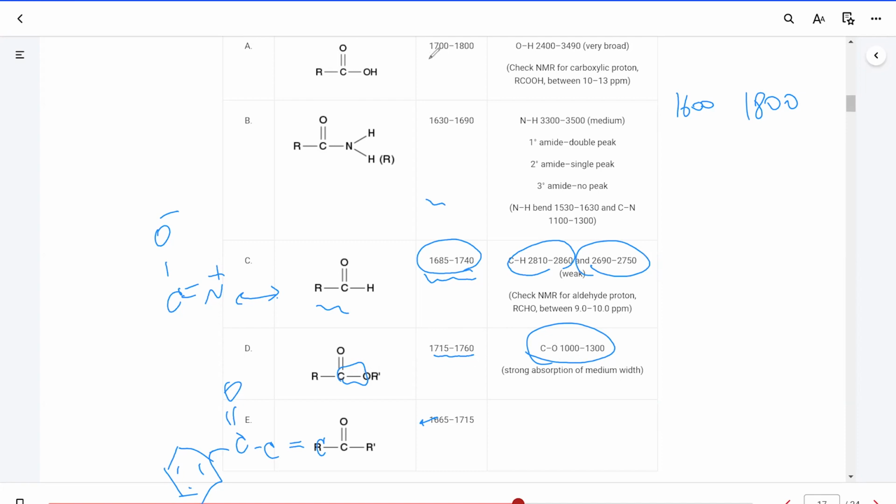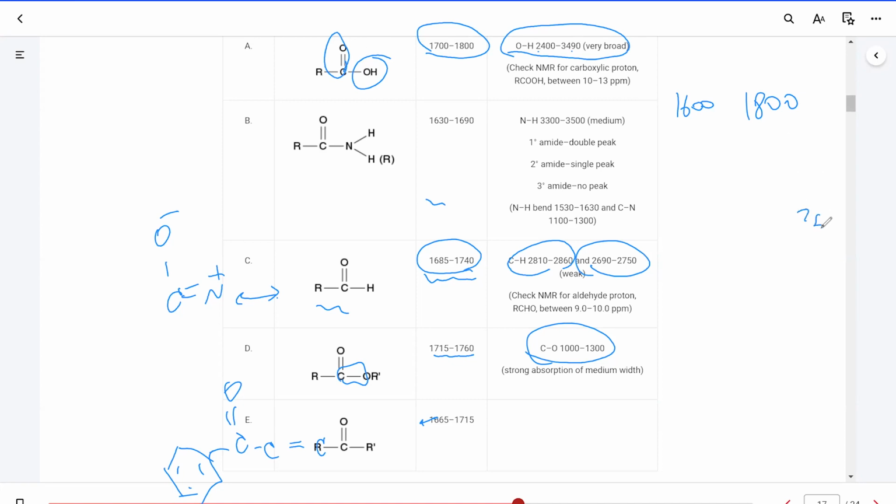For carboxylic acid, we have a peak around 1,700 for the C=O double bond, and also a peak for OH. This signal is going to be very broad, going from 2,500 to 3,500, so it overlaps with the CH bonds.